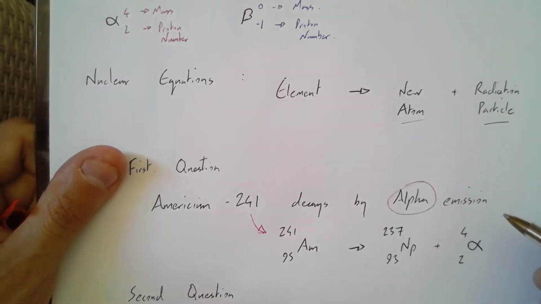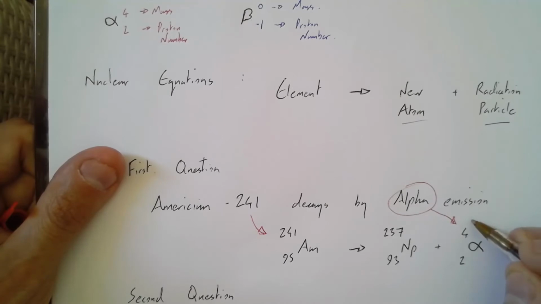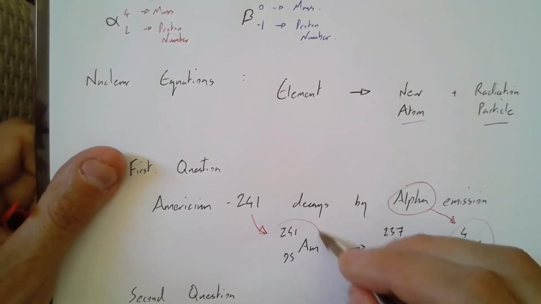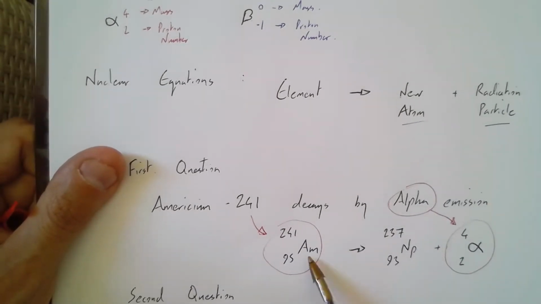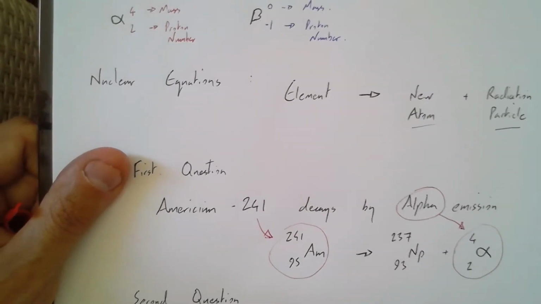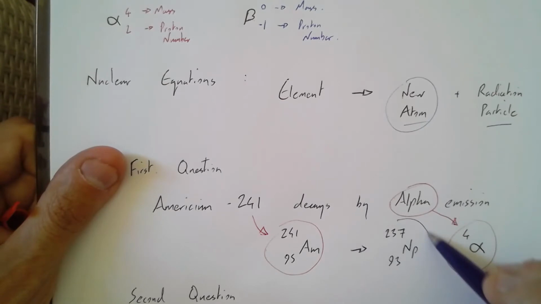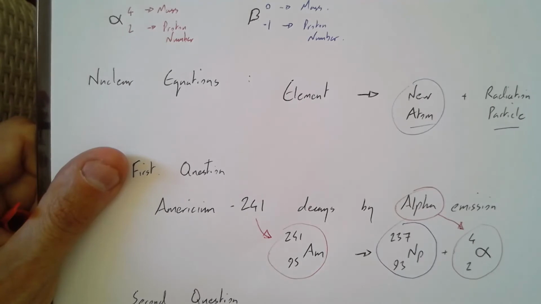We know it decays via alpha emission, which is right here. And we can see that we've gone from americium to this new atom, which will form when the old atom decays.